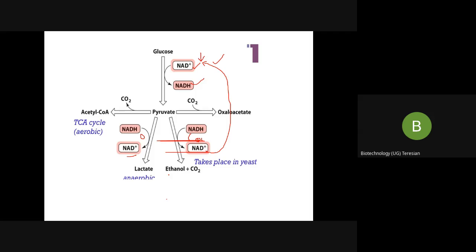When pyruvate is converted to lactate or to ethanol, the NADH is oxidized to NAD, and then this NAD can go back and allow the pathway to go forward.